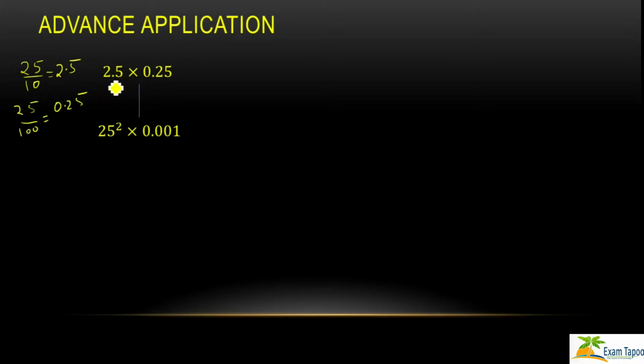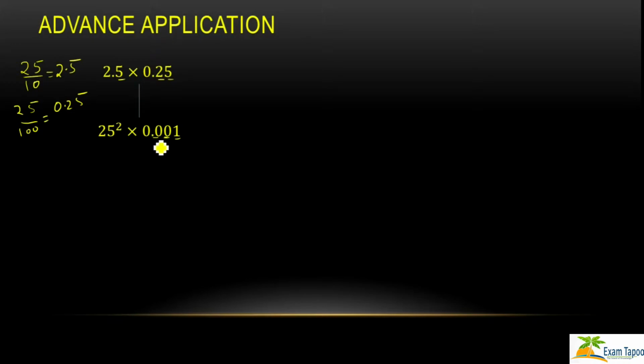In 2.5 and 0.25, I have decimals at 1, 2 and 3 places in total. So I put 0.001, which has 3 digits after the decimal. This is a very simple thing: you can convert 2.5 times 0.25 into the interesting form 25 squared times 0.001.